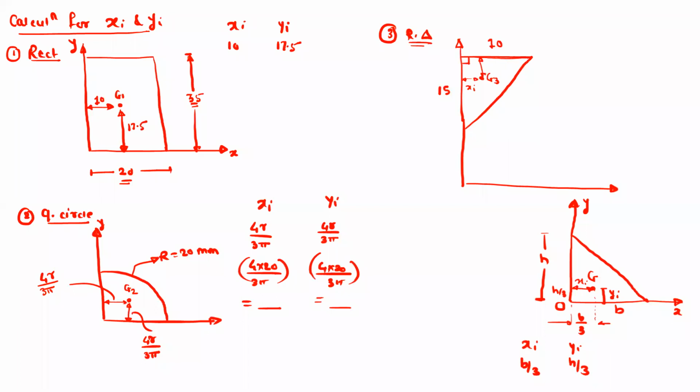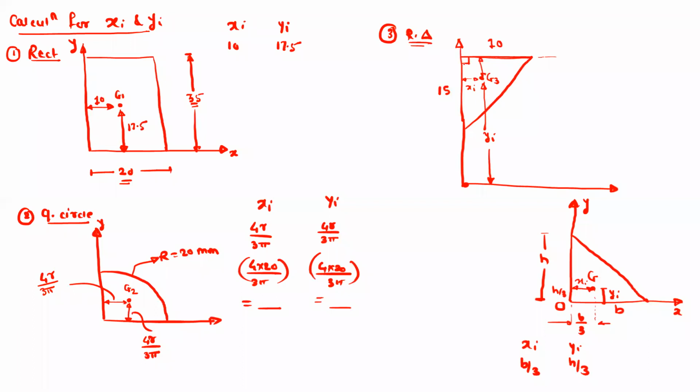But we want the center of gravity with respect to the origin. To locate the y coordinate, we have to measure this distance. So this is the yi with respect to the x-axis. This is not x-axis, this is just a base of that right angle triangle.